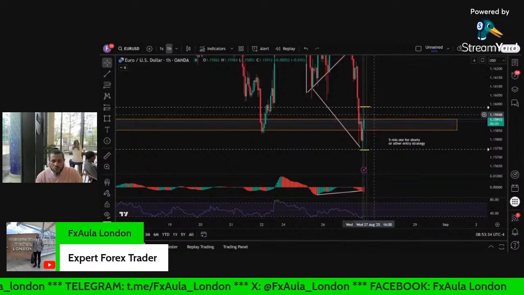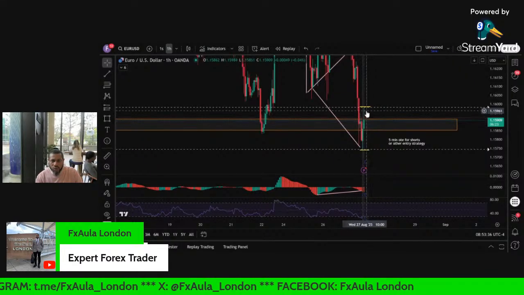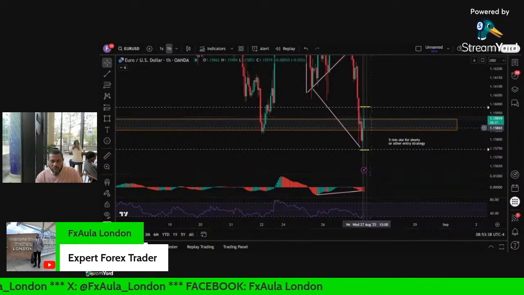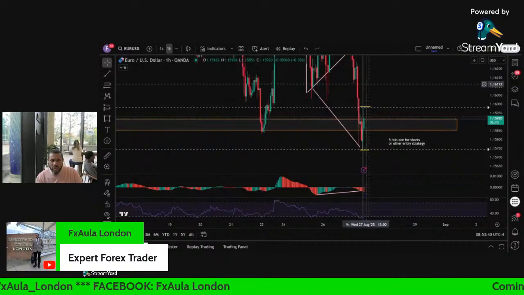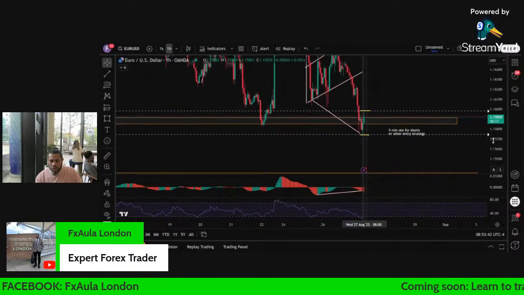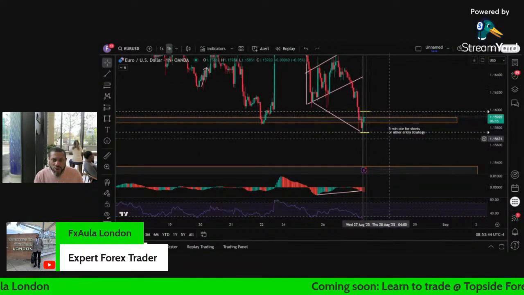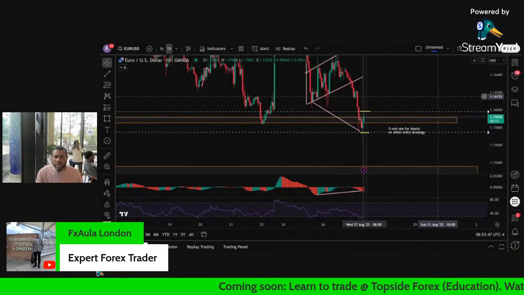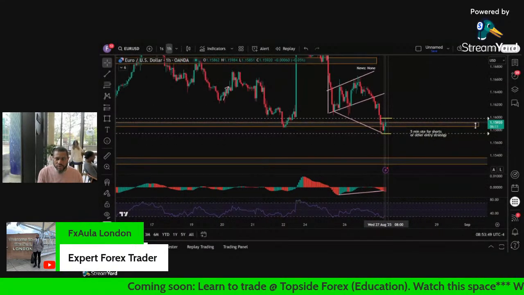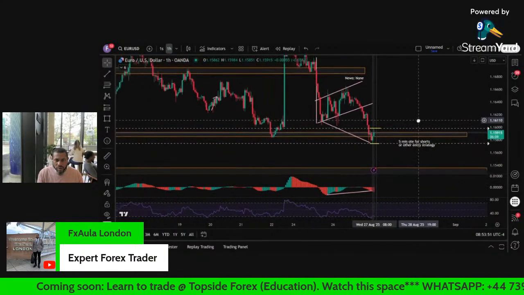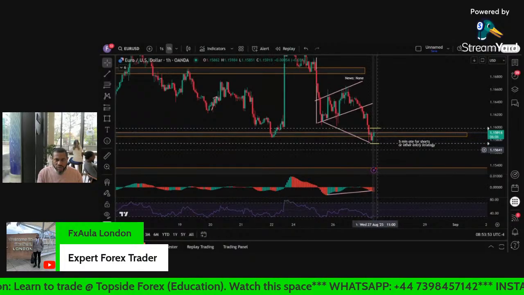So I would look for a retracement and a confirmation of lower time frame to see price again higher. So that we may do, but I'm conscious because we may actually be in for sales. So that will be a counter trend trade.